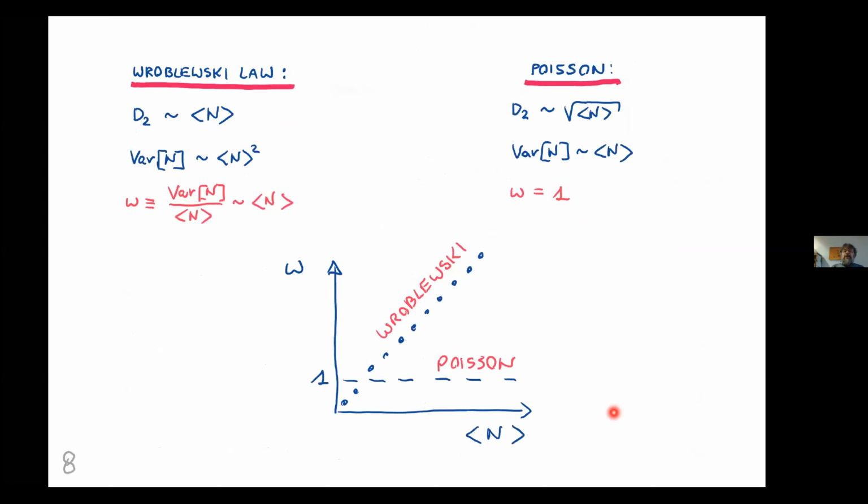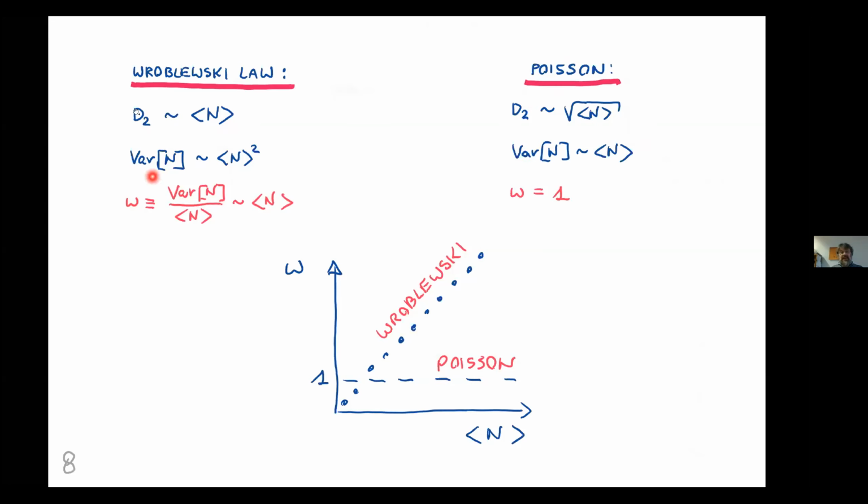And now we confront this experimental finding, the regularity of the Wroblewski law, with what we learned about the Poisson distribution, which I already said is the prediction of statistical models. So Wroblewski says, or the data say, D2 is proportional to n. I square both sides.